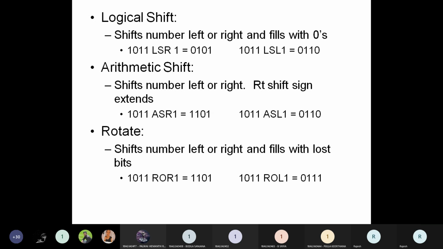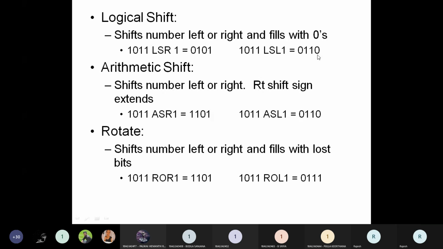That is logical shift. If you do left shifting, what is happening? The MSB is discarded. It is not considered, and the second bit comes to the first bit. Like that, shifting is done, and the LSB position 0 is selected.